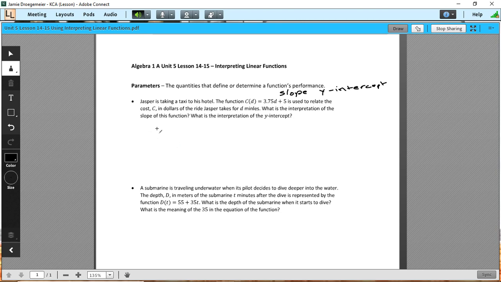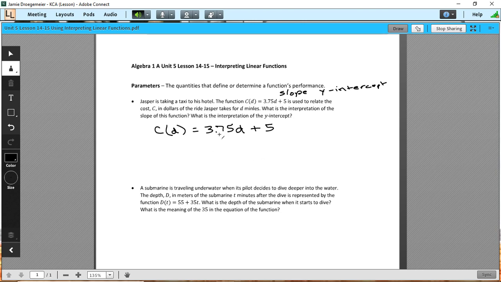All right, so our function, c of d, the cost for the distance, we have 3.75 times d plus 5. Well, if we think about the structure of linear equations, this is in slope-intercept form.